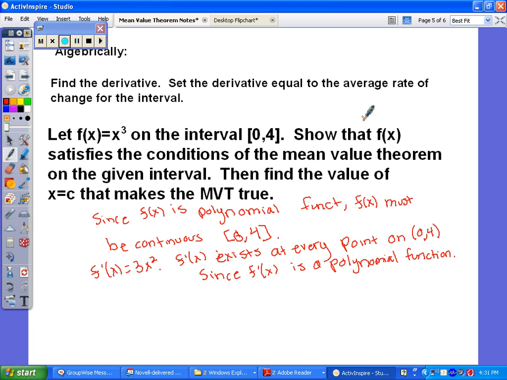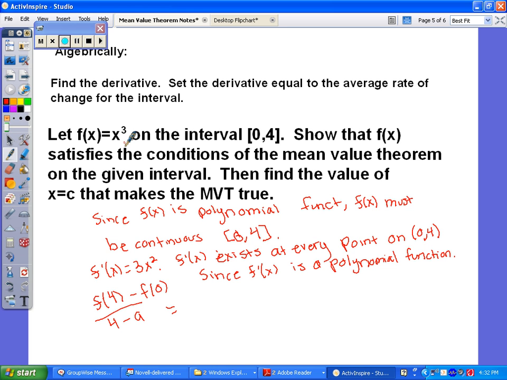Then in order to find the value of c, we're going to find the average rate of change and set it equal to the instantaneous rate of change. So remember, the average rate of change is f of b, so b is 4 in this case, minus f of a, which a is 0, all over b minus a. And to find f of 4, we plug it into our calculator.